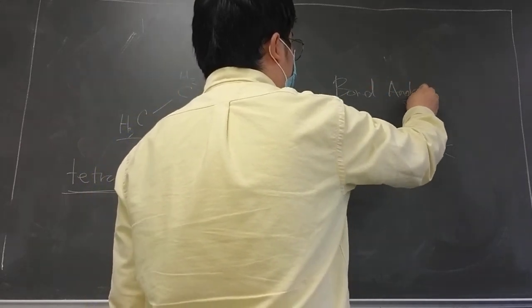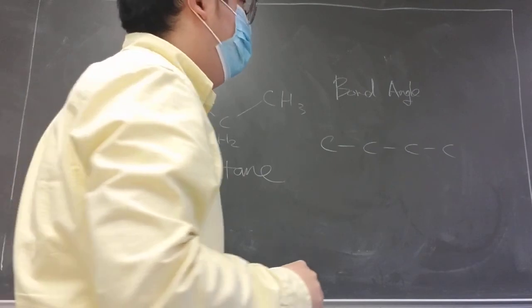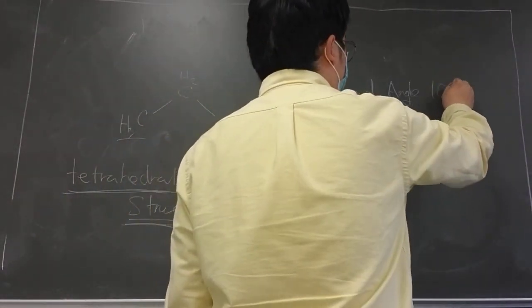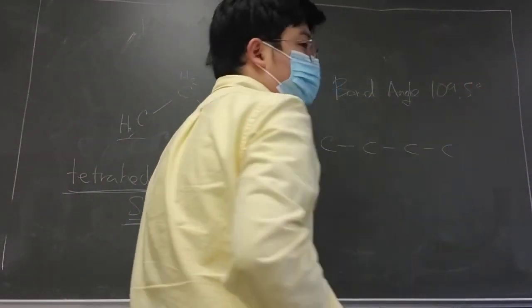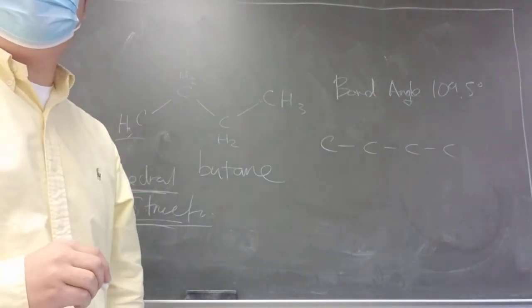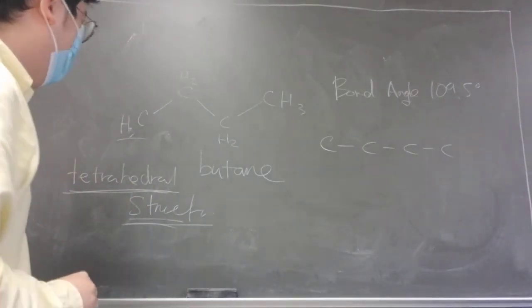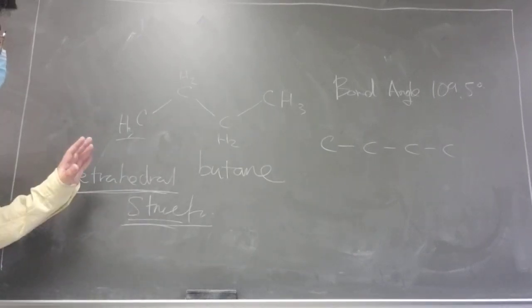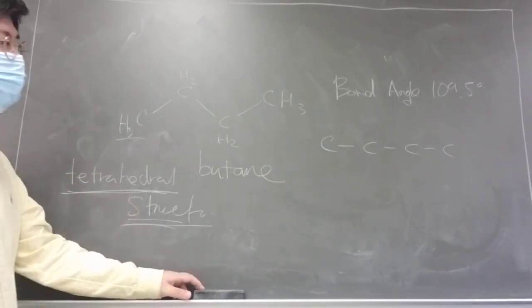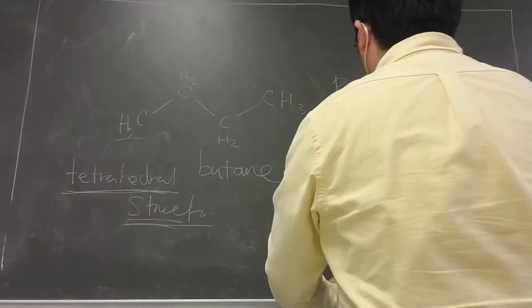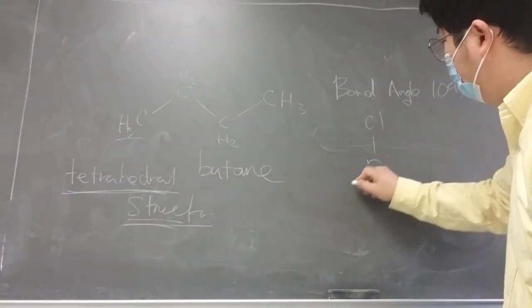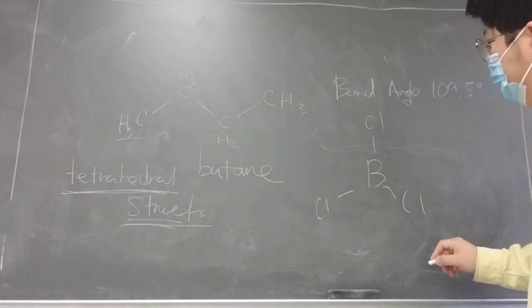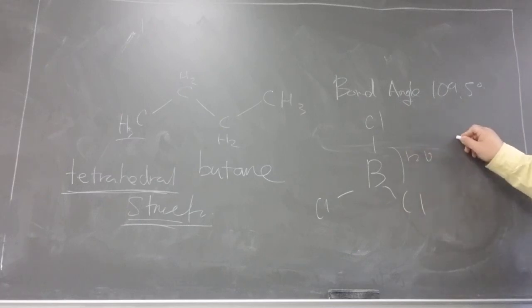I'll probably repeat this one on Friday, so watch that again. Just stick this number into your brain for this semester. There might be some question like, if there's something like this, it would be 120, or carbon dioxide, it would be 180.